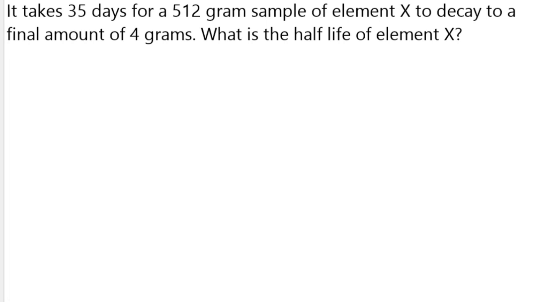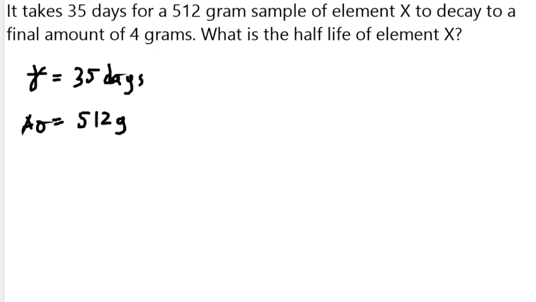It takes 35 days for a 512 gram sample of element X to decay to a final amount of 4 grams. What is the half-life of element X? Okay, so what we can do here is write down what we know. We have time, 35 days.